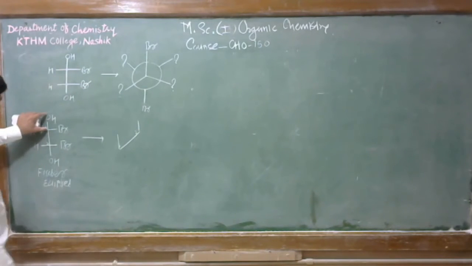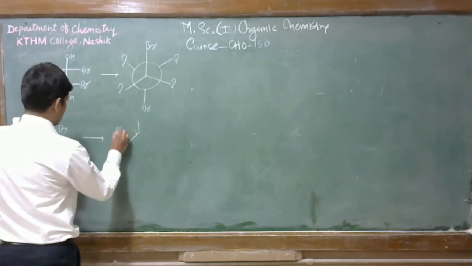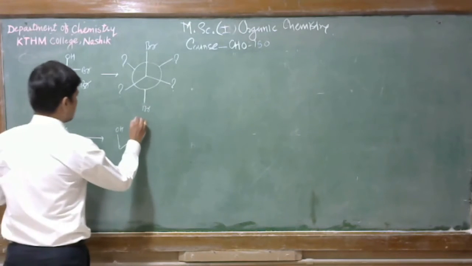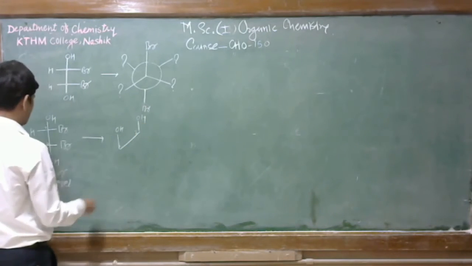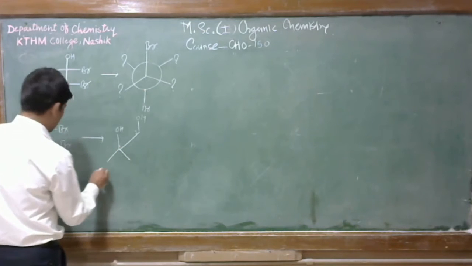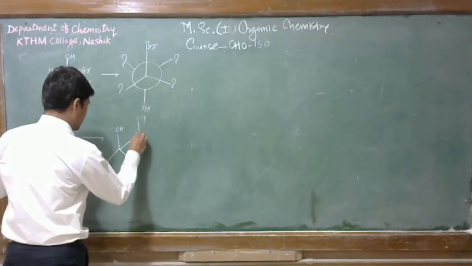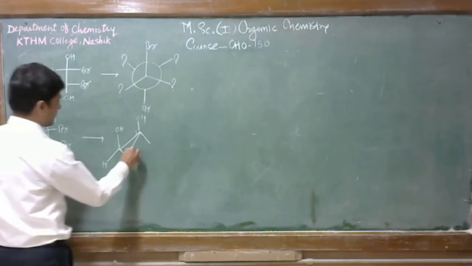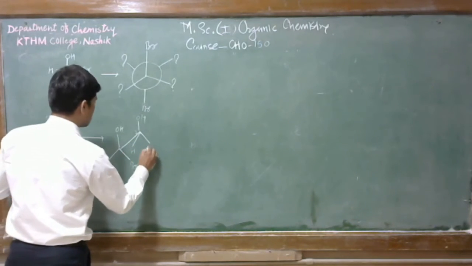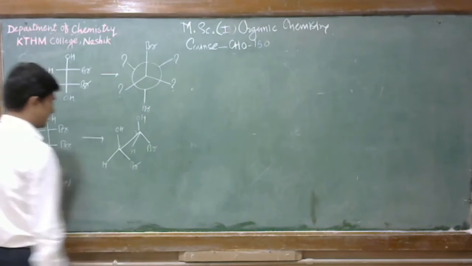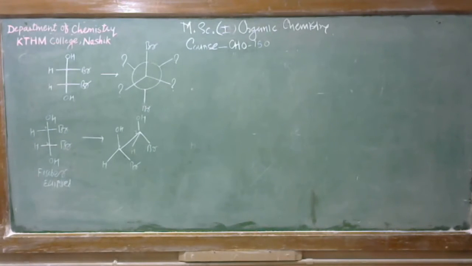So this is the OH here on carbon number 2 and this is also OH here on carbon number 2. So this is hydrogen to the left hand and bromine to the right hand. Then here is the same situation, hydrogen to the left hand and bromine to the right hand side. So this is eclipse conformation.